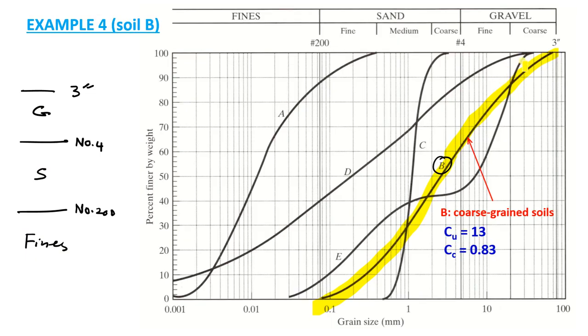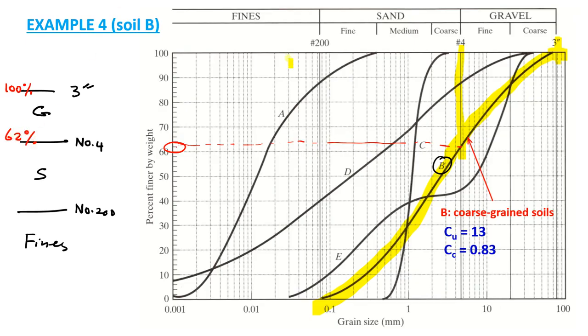Okay, look at the 3-inch sieve. The curve is touching it at the top, so it means it is 100%. Now at the number 4 sieve, if I come down and draw a horizontal line from here, it is going to be 62%.